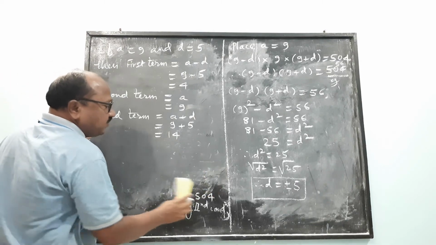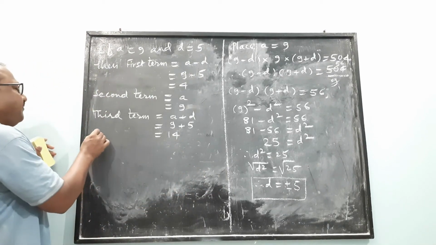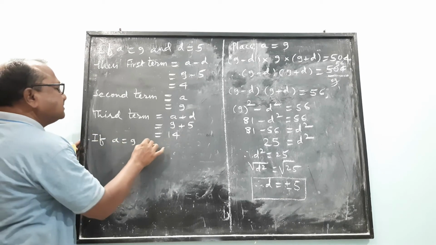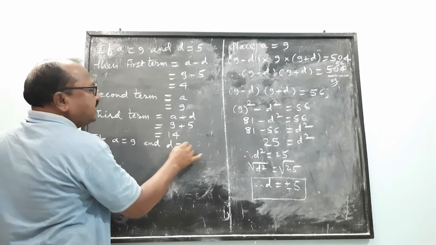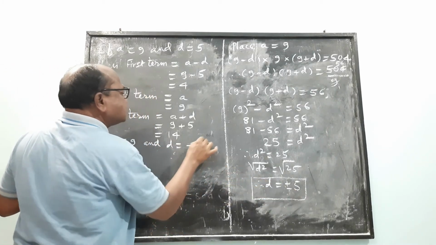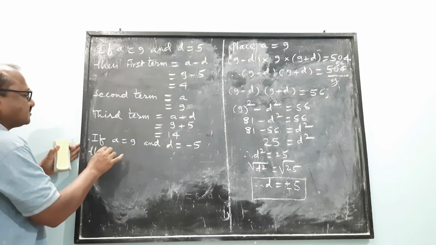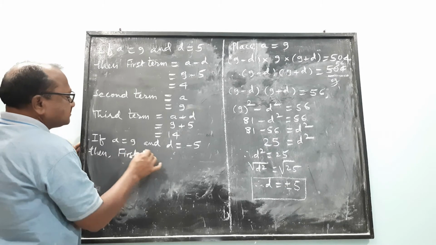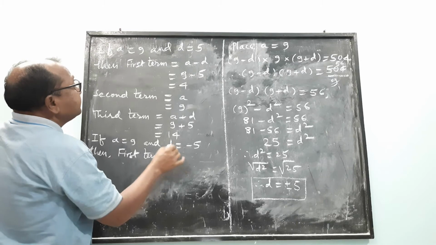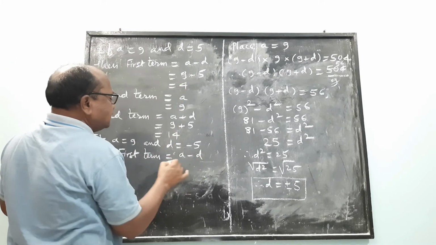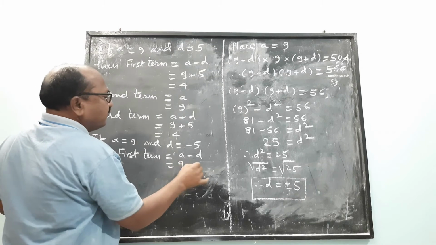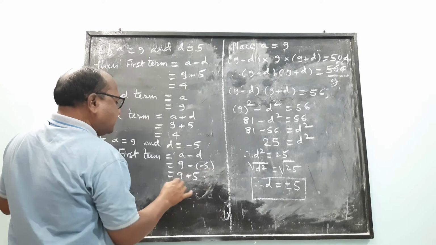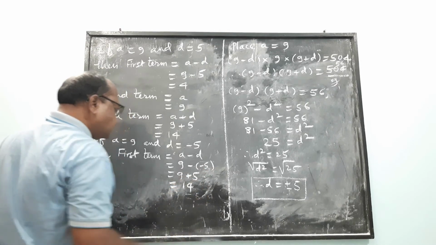And second possibility, if A equal to 9 and D equal to negative 5, then which will be the first term? A minus D, the value of A is 9 minus the value of D is negative 5, so 9 plus 5 equal to 14.